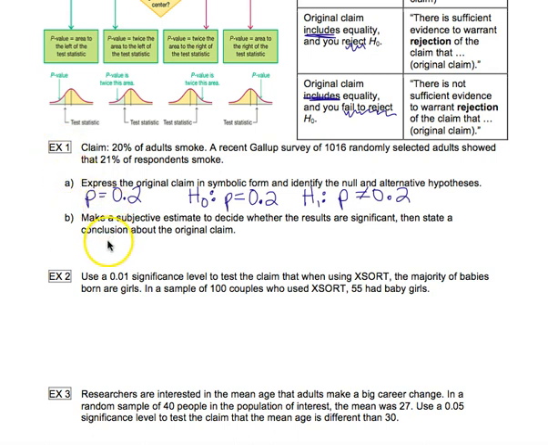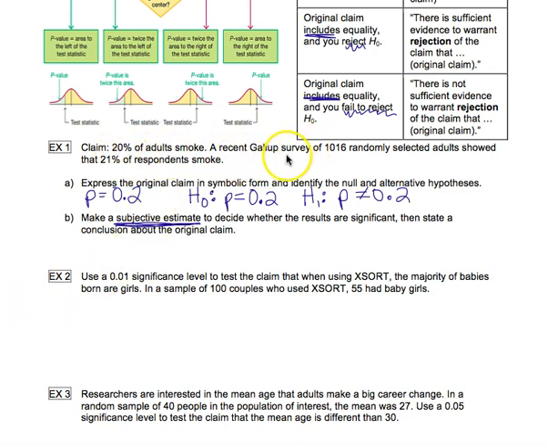Part B wants us to make a subjective estimate to decide whether the results are significant, and then state a conclusion about the original claim. Now, when it says subjective estimate, that means we're not going to be using the critical value or the p-value estimate. It's just going to be based on the information that they gave us. So in this case, this was our claim.